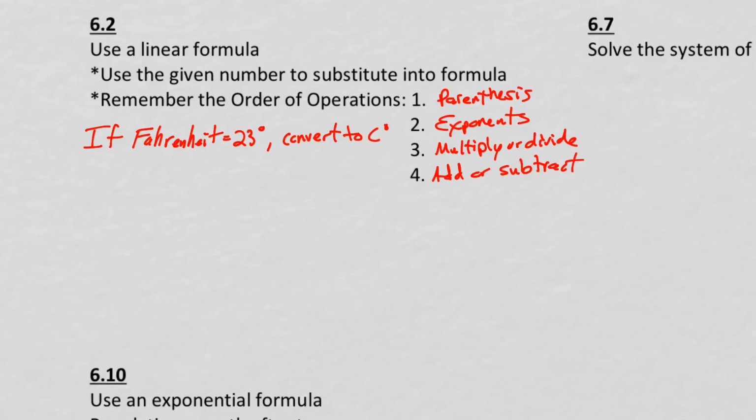Well, there's a formula. Celsius equals 5/9 times Fahrenheit minus 32. So we're just going to plug in the 23 for Fahrenheit right there where the F is.